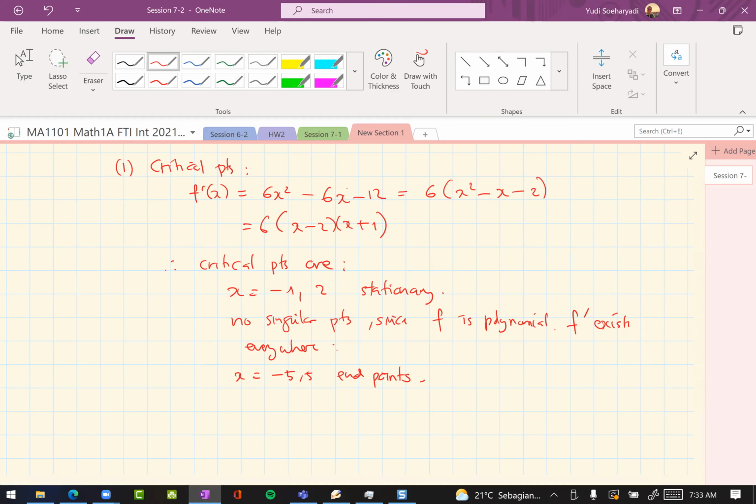And of course, we can use this since it is factored. Across 2, the factor has power 1, so it changes the sign. Across negative 1, it has power 1 also, so it changes the sign.